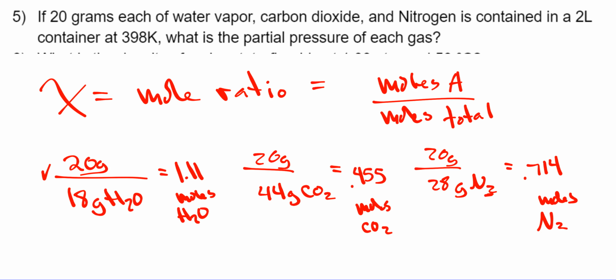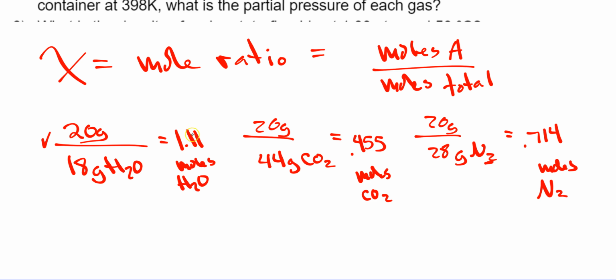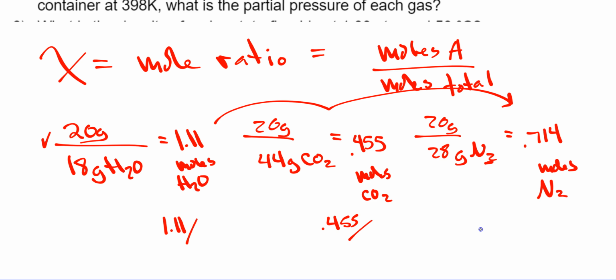All right, so that tells me the moles of each thing, but to find the ratio, I now have to divide all these numbers by the total, which I don't have yet. Moles, which is just adding all 3 of them together. I'll pause this.